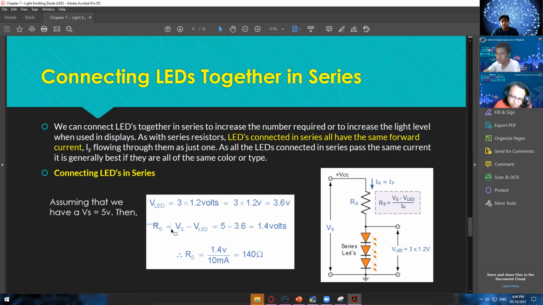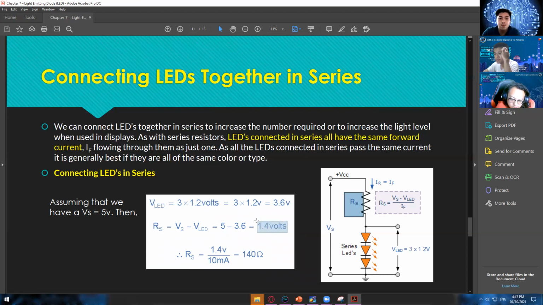Since this one didn't come from this formula, because I was looking for the IF, but IF is not here. Okay, so for the RS, we have this 5 minus 3.6 volts, which is equal to 1.4 volts. I don't know if this one is incorrect since RS is series resistance, right?